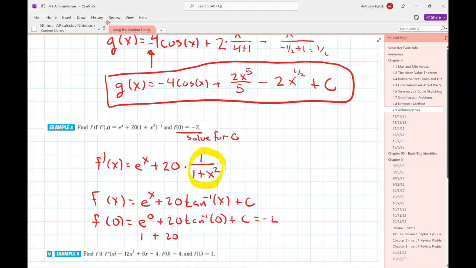Tan inverse of 0 is, well, that's where x is 0, but y is 1, or, I'm sorry, it's y is 1 and x is 0, because it's y over x. So that is at 0. Yep. So C is negative 3.